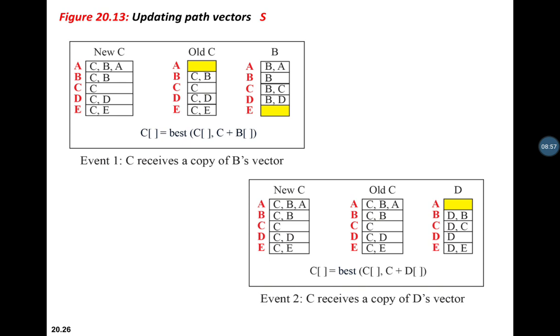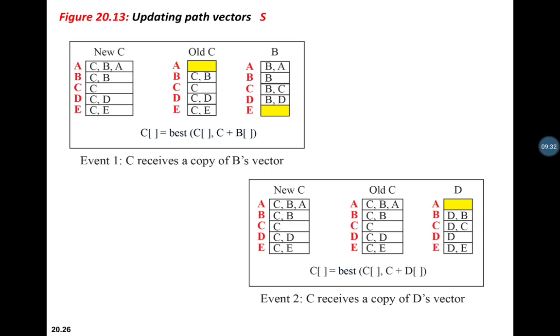So the new C and the old C are the same, because through D there is no better path to reach any other node, because it is D to B, D to C, D to E. Old C is already CBA, then C to B, C to D, C to E. So all very direct. So there is no better path, and it is kept as it is. So C receives a copy, but which does not change its vector.